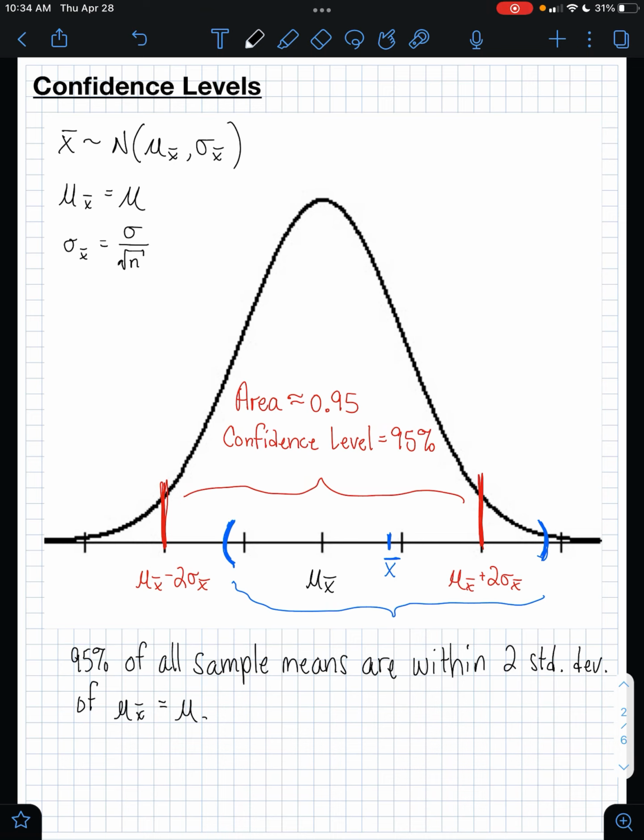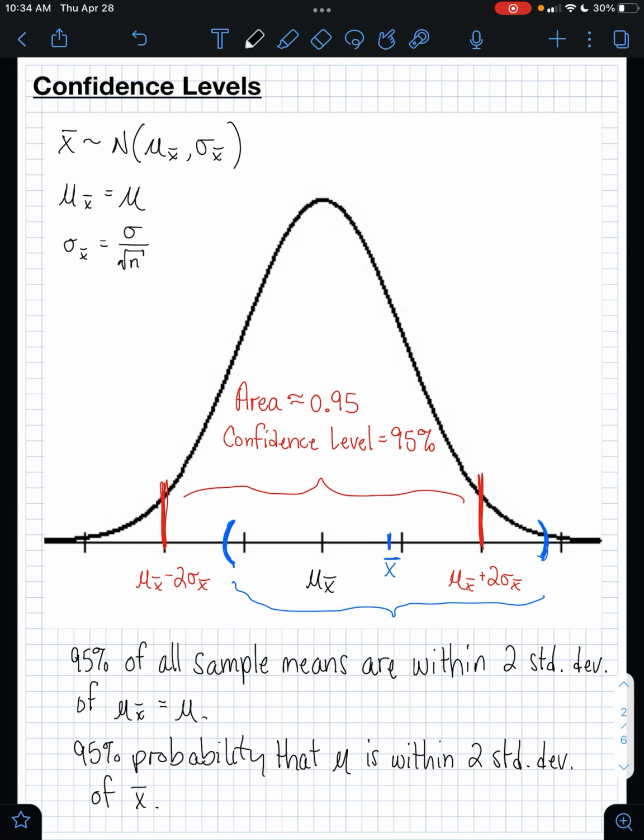So what we might say instead is that there is a 95% probability that mu is within 2 standard deviations of our sample mean that we calculated. And it's the same concept, it's talking about the distance between them. They are within 2 standard deviations of each other. It's just a matter of the point of view we're using.